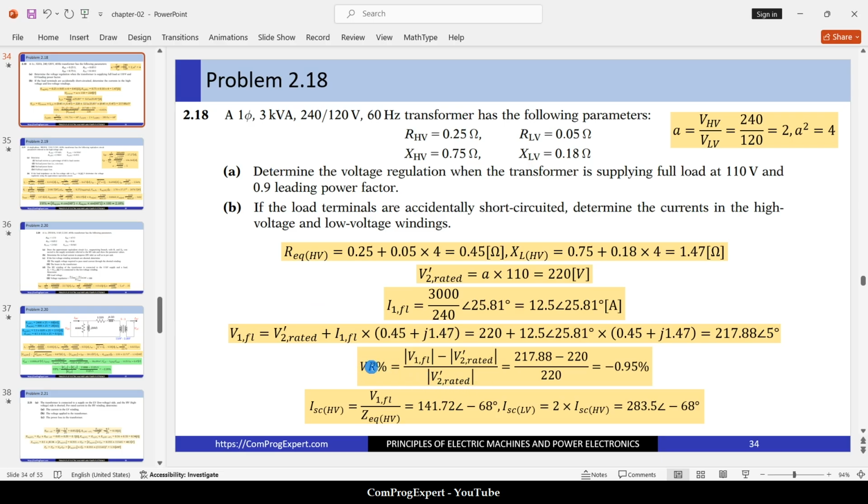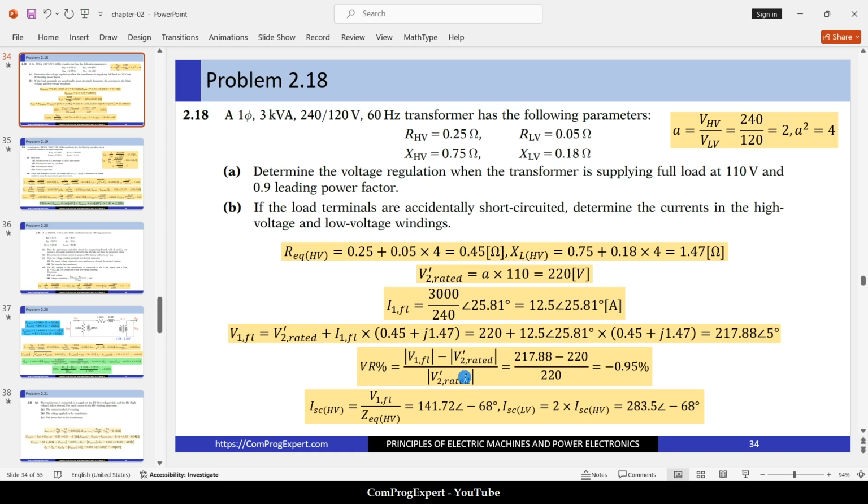The voltage regulation in percentage is the amplitude of V1 for the full load case minus V2 prime, the rated value, that is equal to 110. We need to refer this to the primary side, V2 prime, divided by the same.